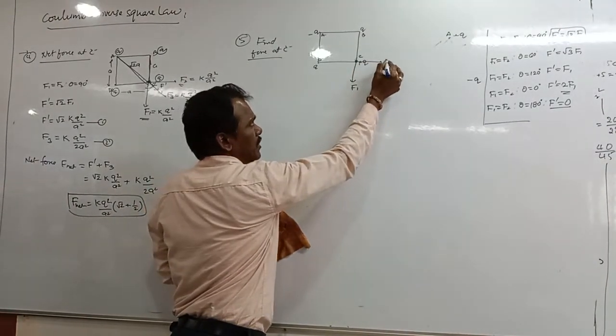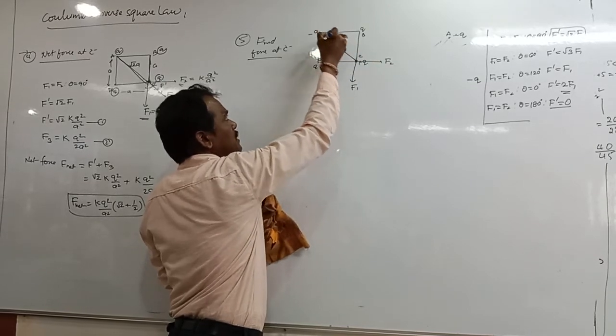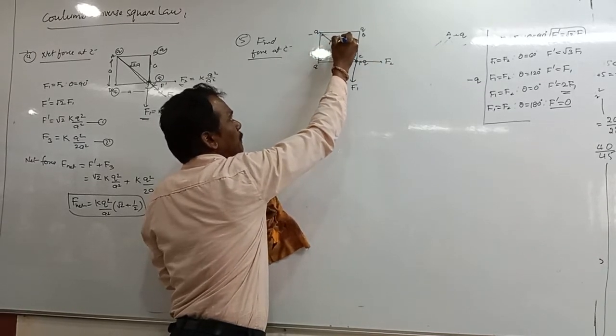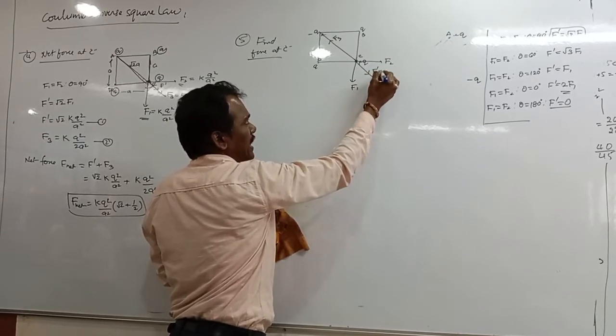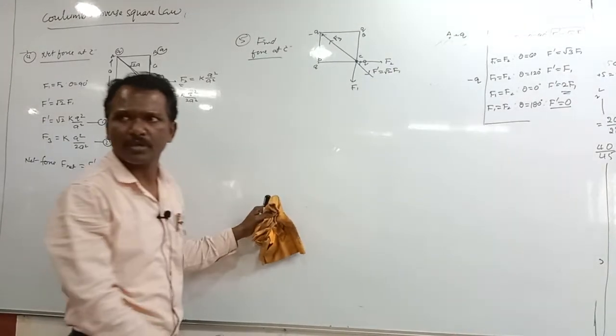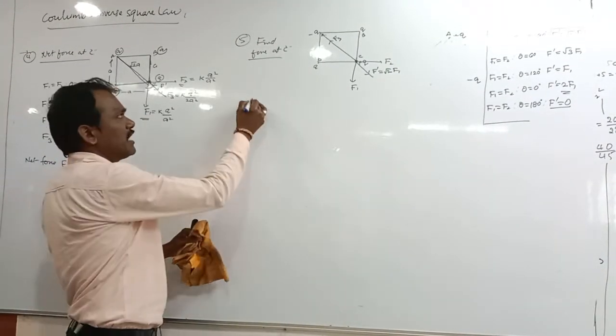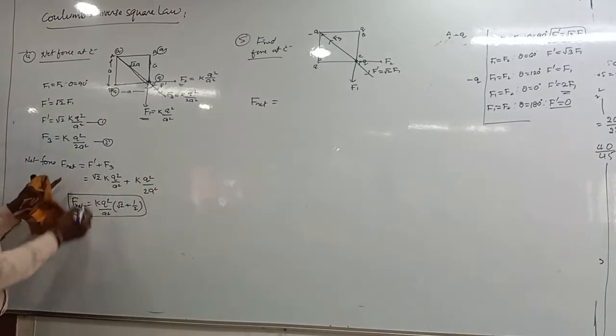F1, F2 same will come. This is F3 will come. And resultant of these here, F dash is equal to root 2 into F1, right? Then F net, you can write directly from here.